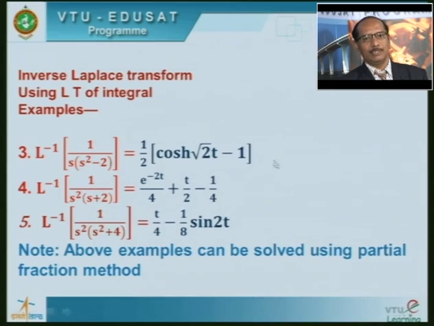Then find out A, B, C values. Here s is a linear factor repeated, the other one is quadratic. For that, A divided by s, B divided by s square, then (Cs plus D) divided by this quadratic term, then find out A, B, C, D values. So, there are always two methods available, whichever is convenient for you. You can refer to either the partial fraction method or the F of s divided by s method.